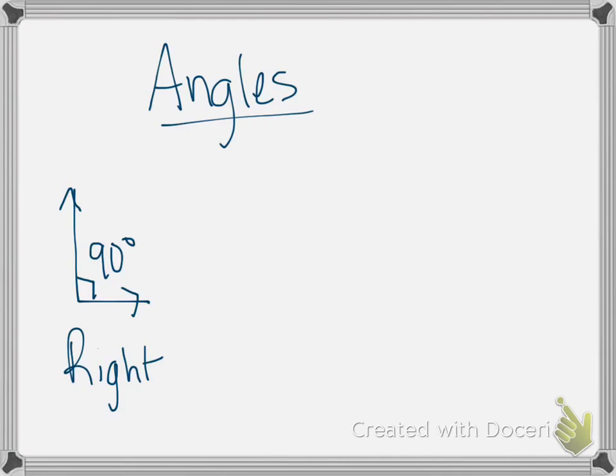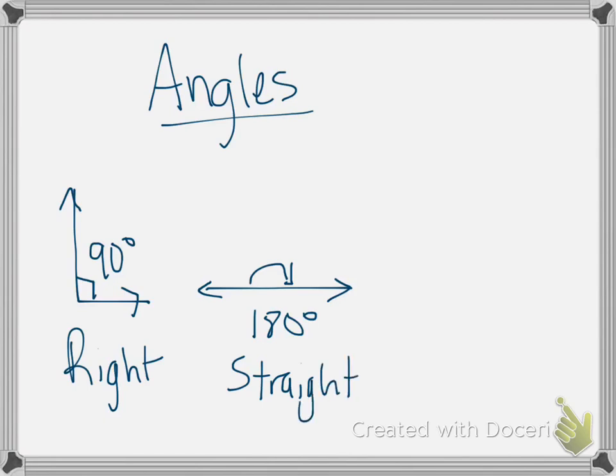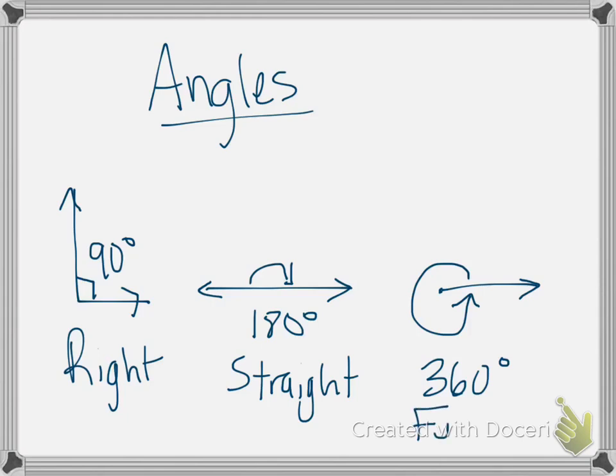Okay, well, then I think we could also remember that we did straight angles, and those were 180 degrees. And then there's one more that we know for sure we can draw, and that is, what is this? Well, if you draw the arc, that is a 360 degree angle, which we would call a full circle, full turn.